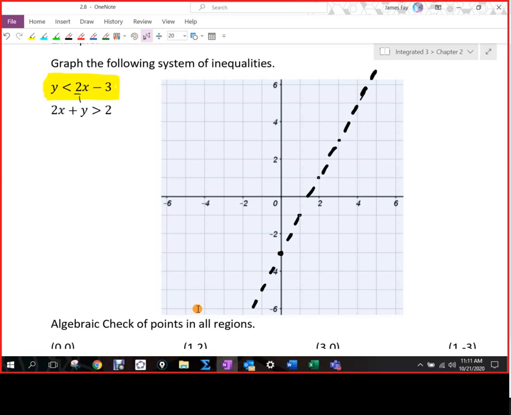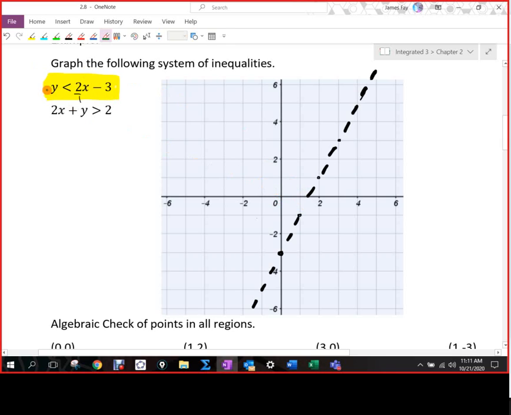Now there's a couple ways of doing this, but I think the easiest, safest way is to choose a point on the entire XY plane, and plug it in here and see if you get a true statement or a false statement, okay? So a really nice point to choose is 0, 0.